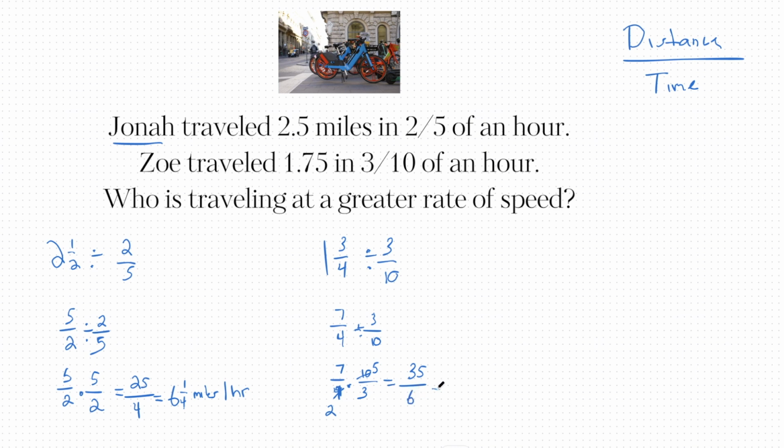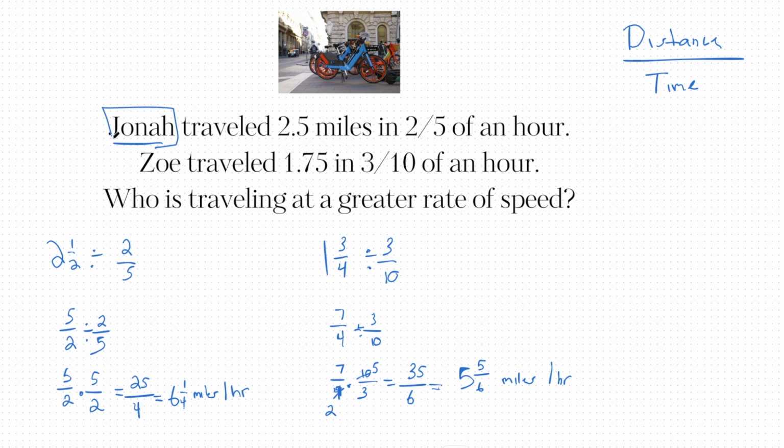And lastly, I'm going to make this back into a mixed number. I know that 6 goes into 35 5 times with 5 left over. So it'll be 5 5/6 miles per hour. So the answer to the question, who's traveling at a greater rate of speed, would definitely be Jonah.